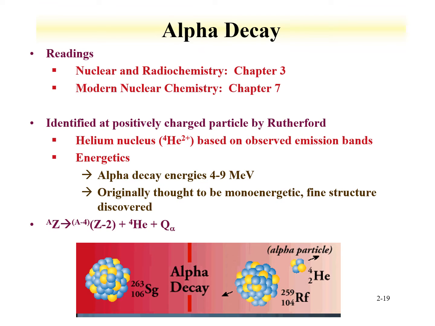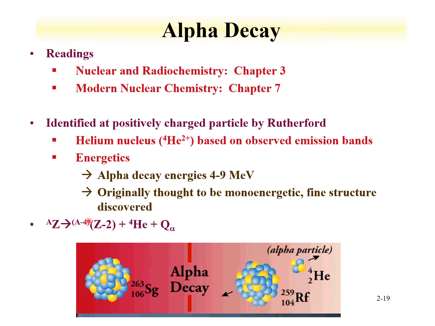And our general trend for alpha decay, as we discussed earlier, is that a parent decays to a daughter. It loses 2 protons. The A changes by 4 because 2 neutrons are also emitted. They're emitted as this alpha particle, and we have this Q value. An example of an isotope that undergoes alpha decay is shown here, seaborgium-263. It loses 2 protons, 2 neutrons, so it goes to rutherfordium.